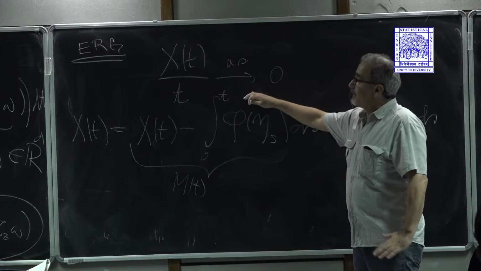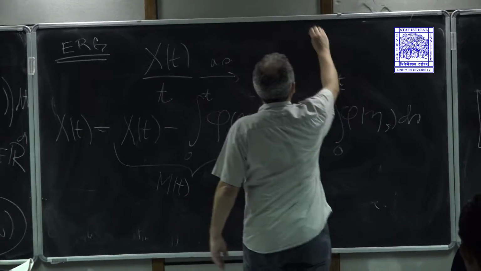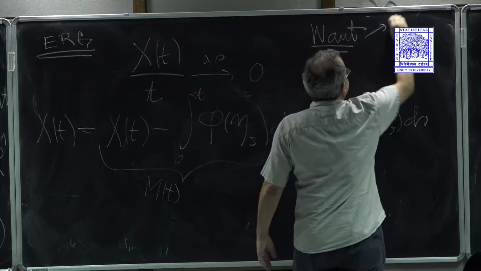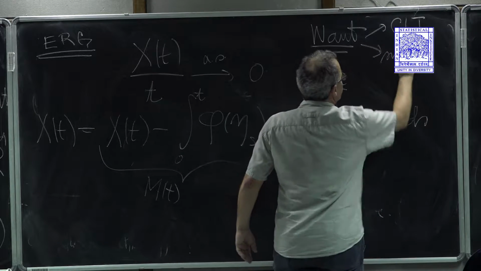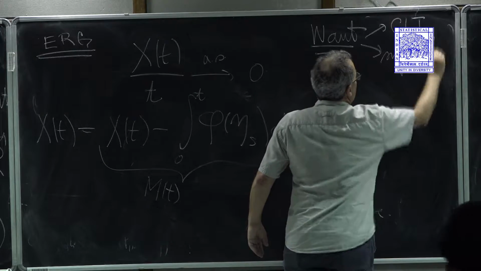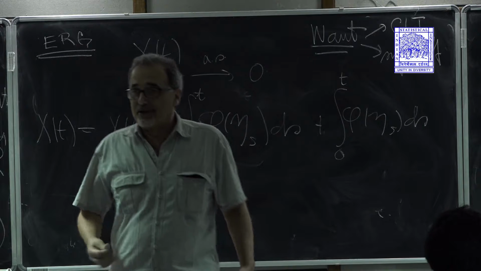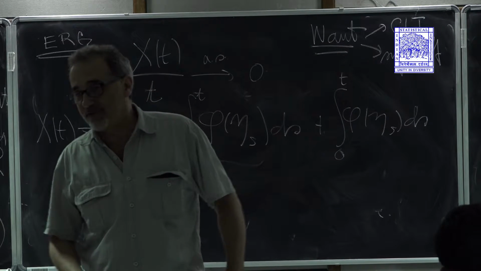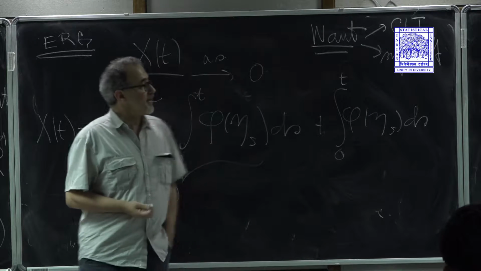I want to understand beyond this. I want to understand the fluctuation. I want either a CLT for X or super diffusive bounds, depending, of course, on the concrete case. In some cases, I have this. I want to understand when is which, right?